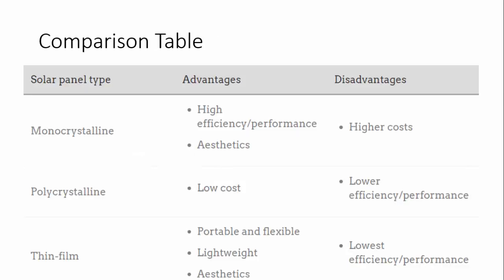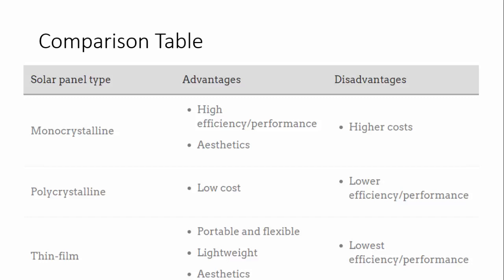Generally monocrystalline solar panels have very high efficiencies and high performance, and the aesthetics are also good. But the major disadvantage with the monocrystalline panel is the higher cost, whereas polycrystalline is relatively lower cost, but the disadvantage with the polycrystalline cell is the relatively lower performance than the monocrystalline solar panels.